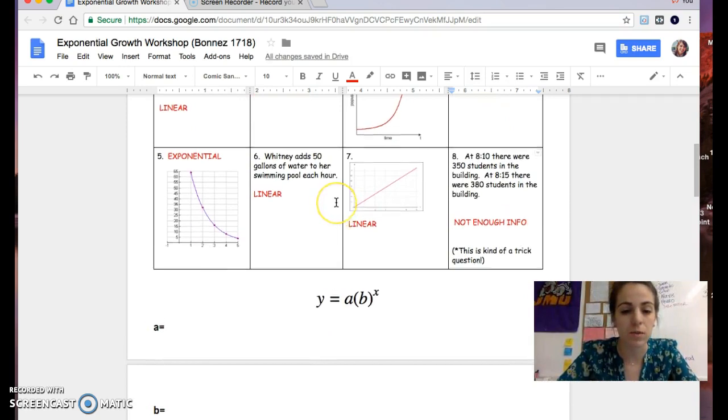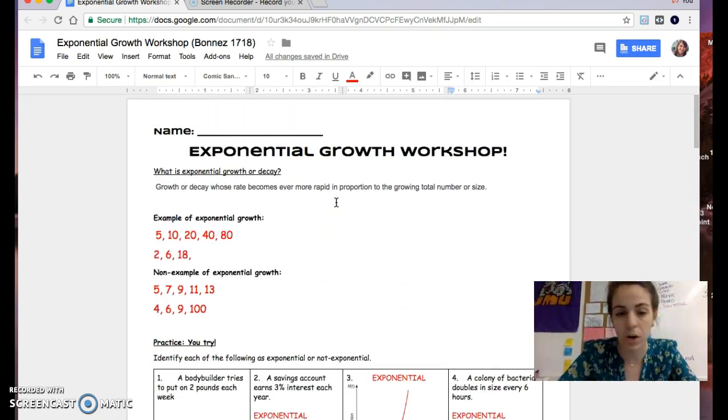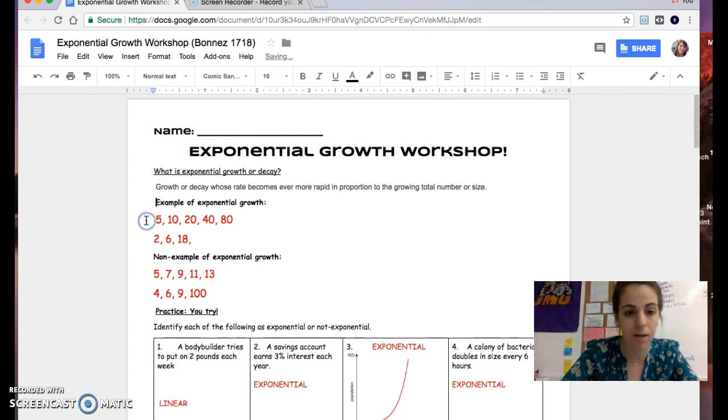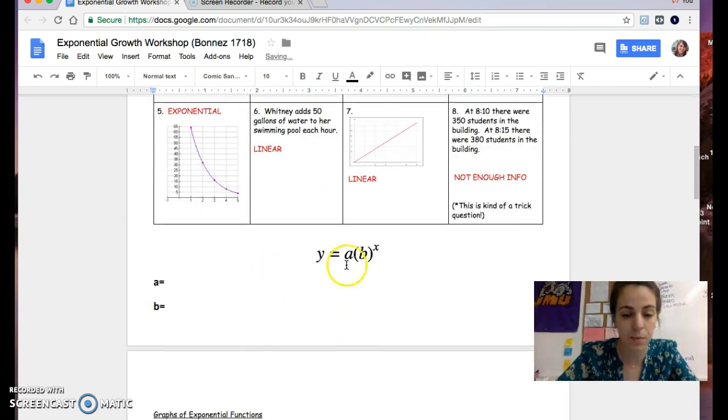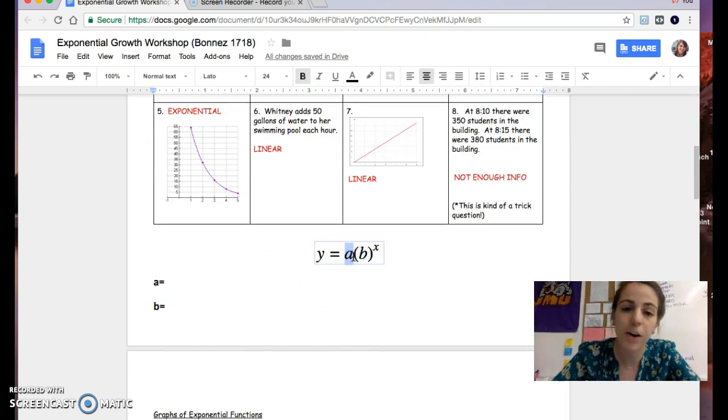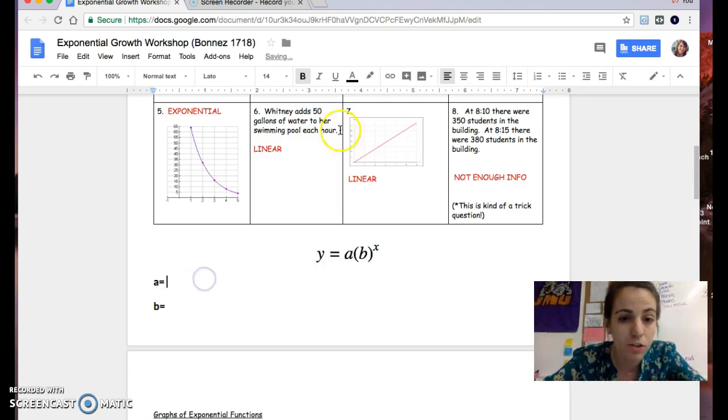All right, let's go down to where you have y equals a times b to the power of x. Let me go ahead and shift that up. Remember from the fall, we talked a lot about exponential functions. A is what we call your starting value. A lot of people like to think of it as the y-intercept, because essentially that is the y-intercept.